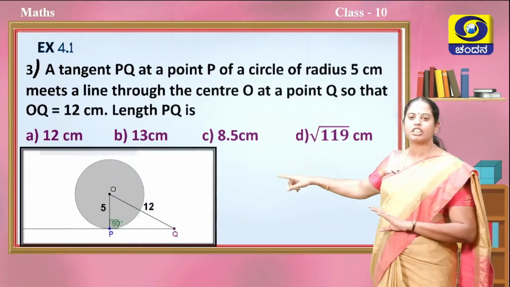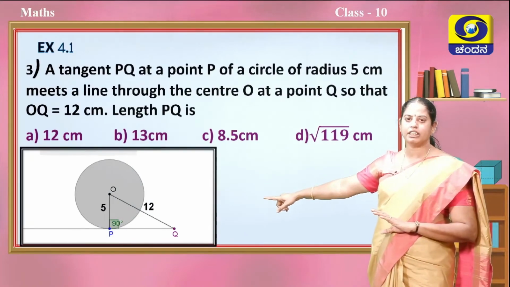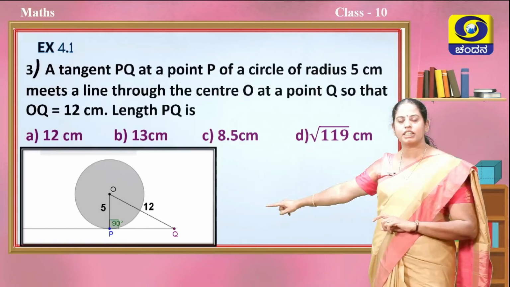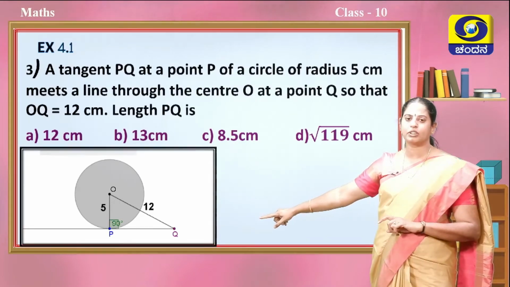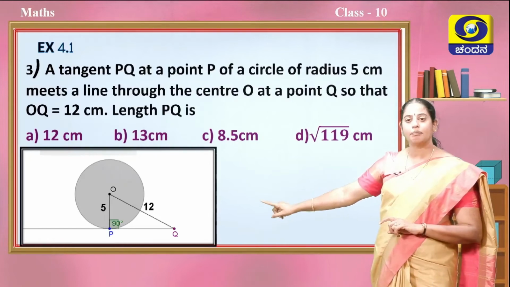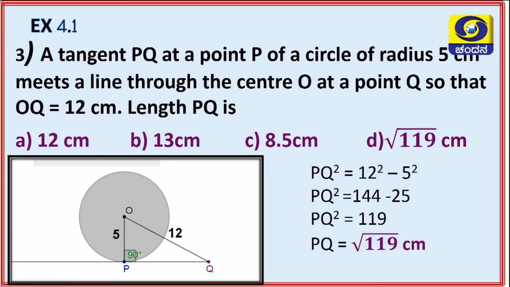For this, let us draw the figure first. OP length they have given, it is 5 centimeter, and OQ is 12. We know that the radius at the point of contact to the tangent is perpendicular. It makes an angle of 90 degrees. Apply the concept that you have learnt in the chapter Triangles, that is Pythagoras theorem. Here the hypotenuse is OQ, but we need the length of PQ.